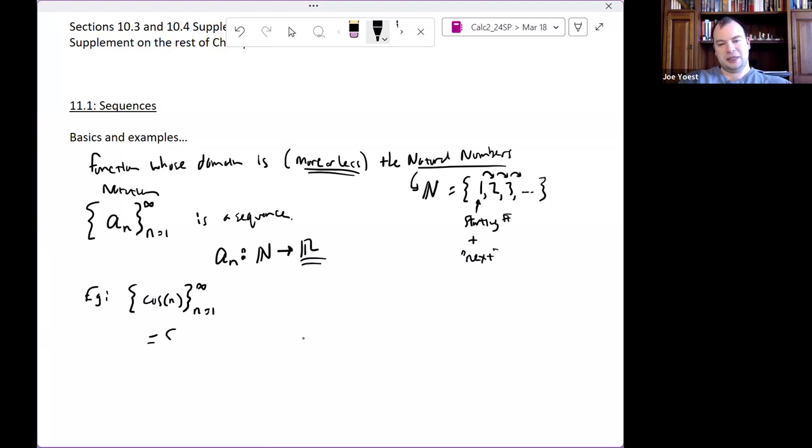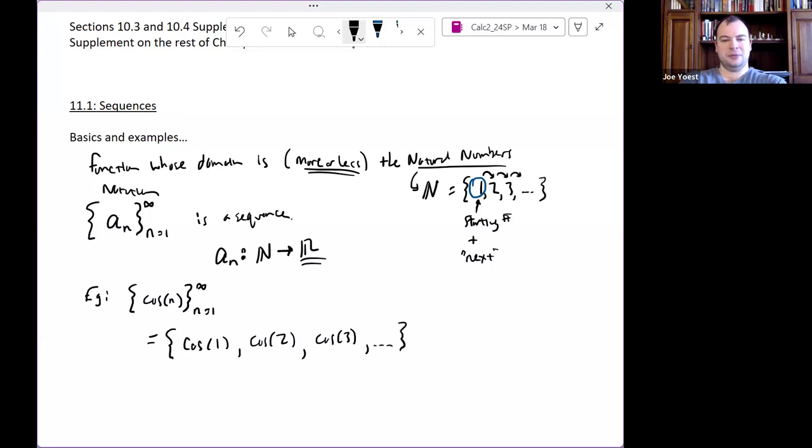So I could also say that this is the sequence cosine of 1. That's the first element. That's when I plug in the first input, this will be my first output. Cosine of 2 will be the next element of the sequence, the second element. Cosine of 3, and so on.